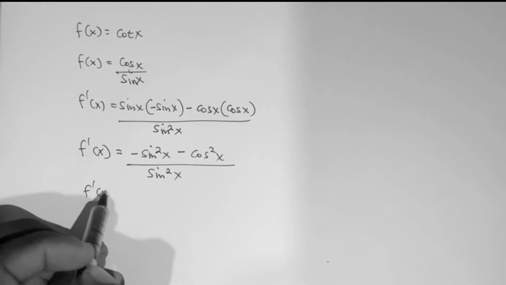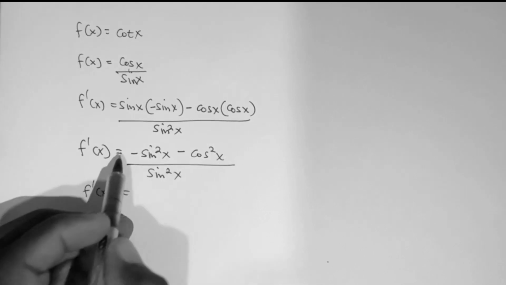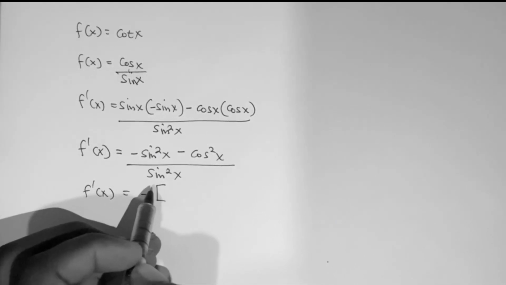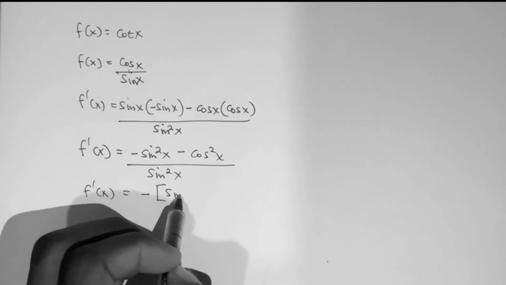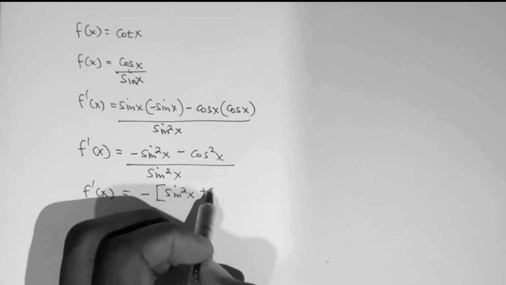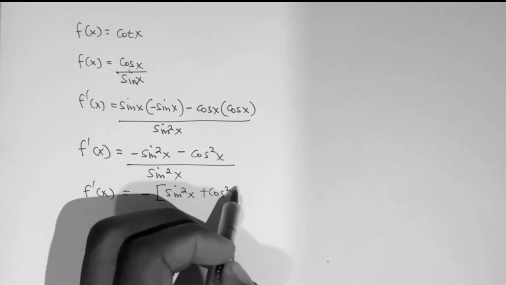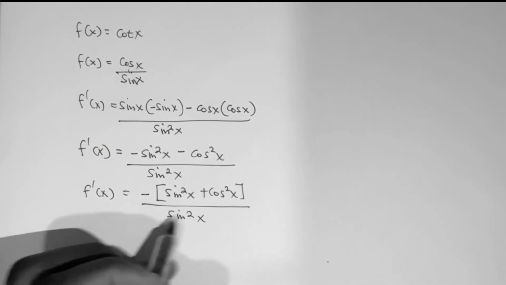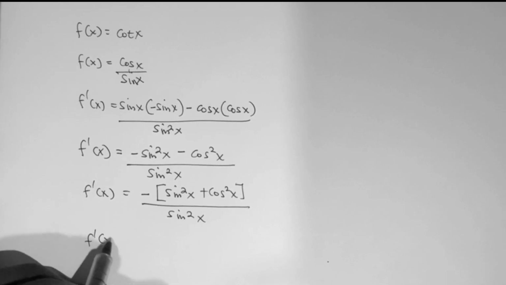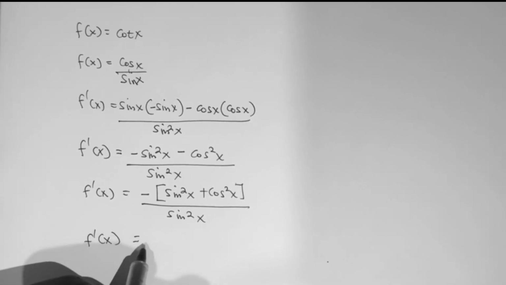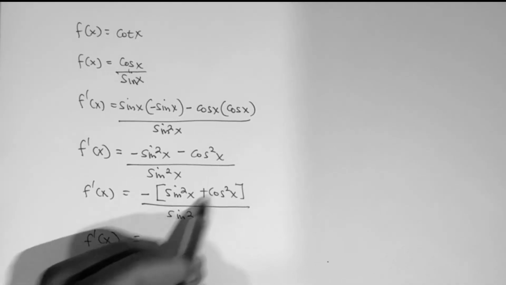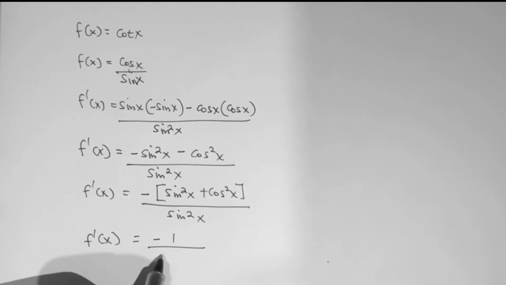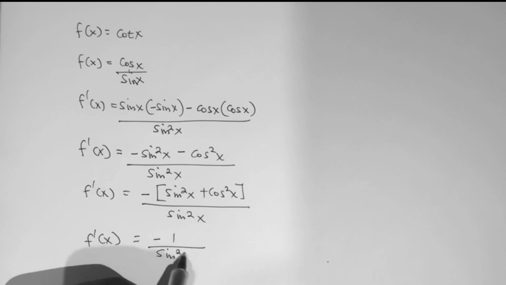So f prime of x is equal to, you can factorize minus 1 out of this, so this becomes minus 1 times sin squared x plus cos squared x, then divided by sin squared x. So f prime of x is equal to, now sin squared x plus cos squared x is 1, so it becomes minus 1 over sin squared x.